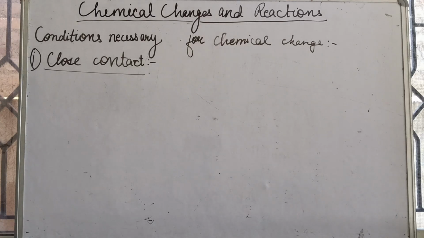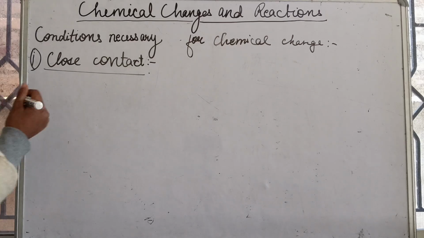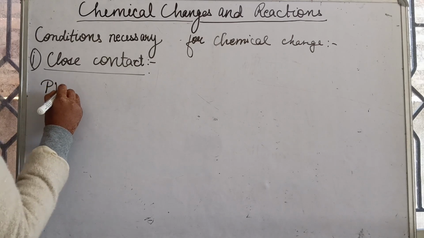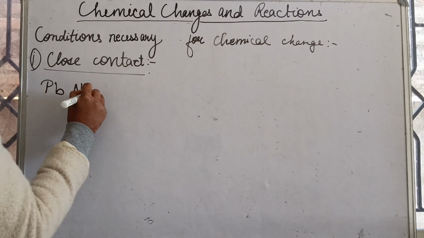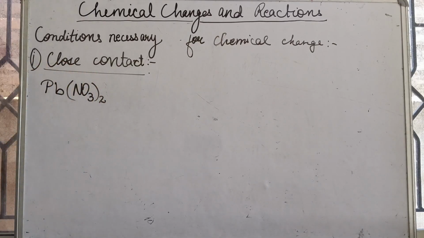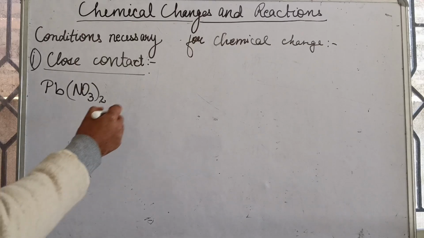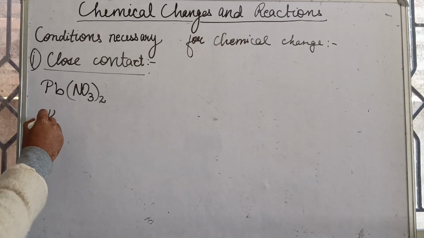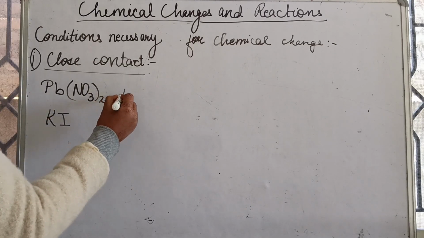Now, the formula for lead nitrate is Pb(NO3)2. It has to react with potassium iodide, KI.